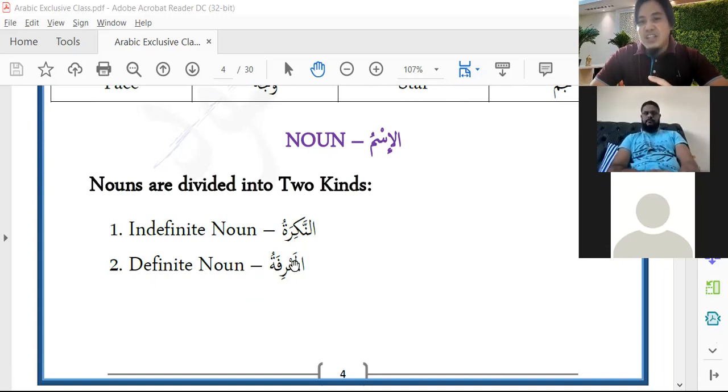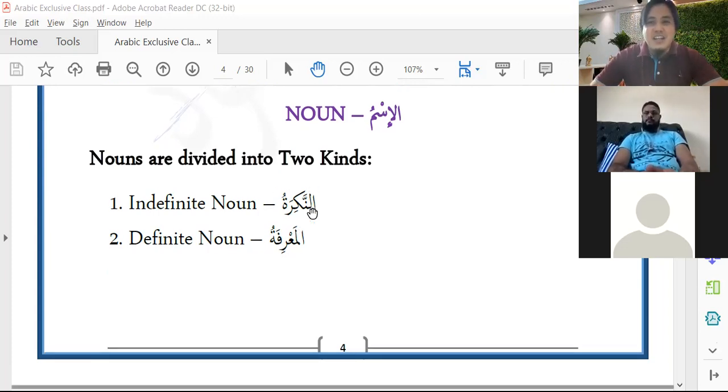As we said, without alif lam is indefinite, with alif lam is definite. But some definite nouns don't have alif lam, like the names of persons: Mahmoud, Rehan, Sayyid, Nuh, Ibrahim. Those are definite nouns, not indefinite, because they are specified.